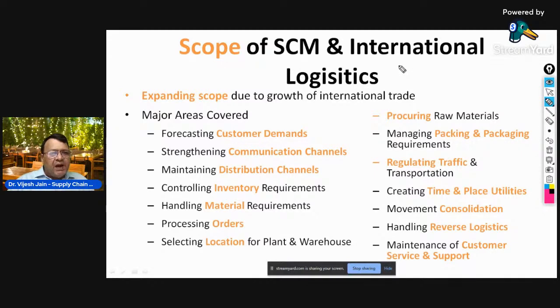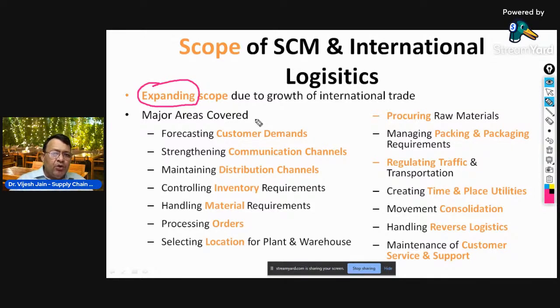So let us first start with the scope of supply chain management and international logistics. The scope is ever expanding at a very fast pace. The overall scope of supply chain management is not just confined now to transportation, but it is much beyond that.